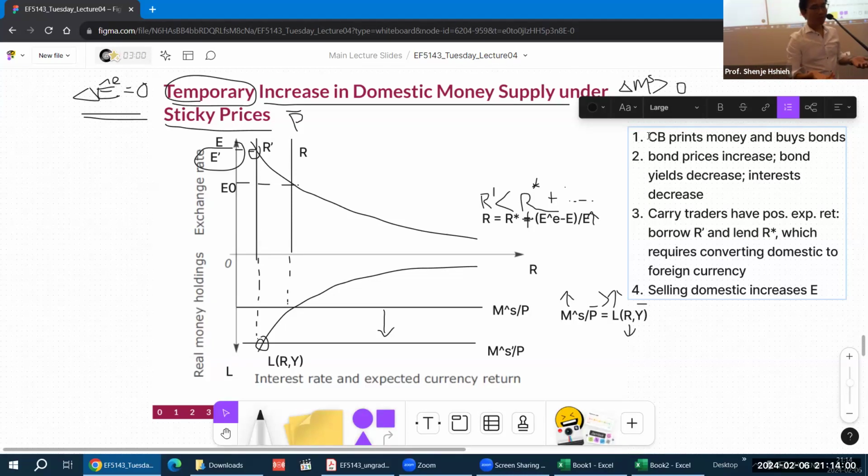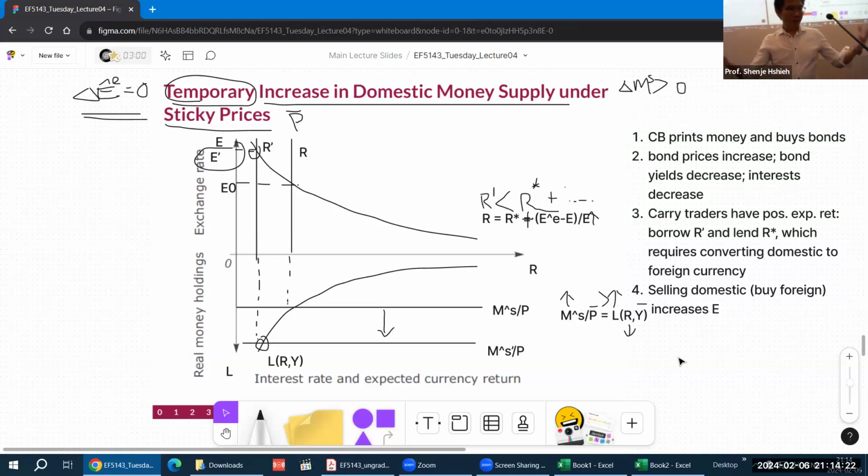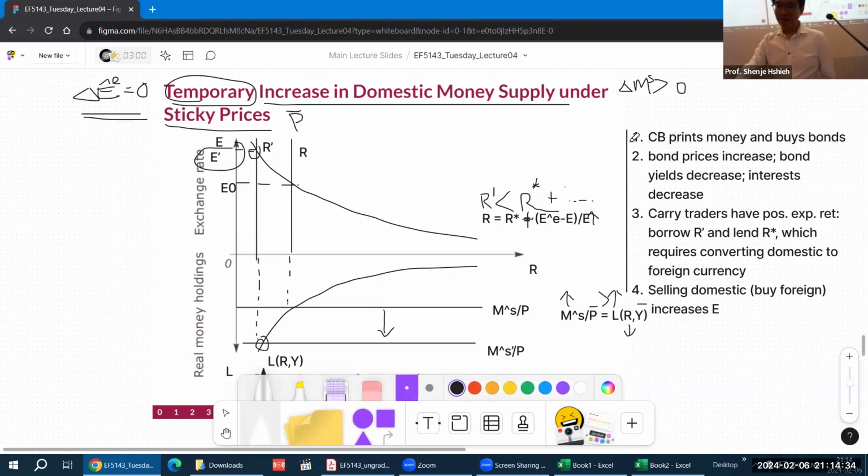Because if I sell domestic or buy foreign, then foreign currencies will get more expensive, and therefore E will increase. That's it. So our equilibrium fair price, stable price as a result has to be higher. That's the conclusion here. And the chain of logic is here.